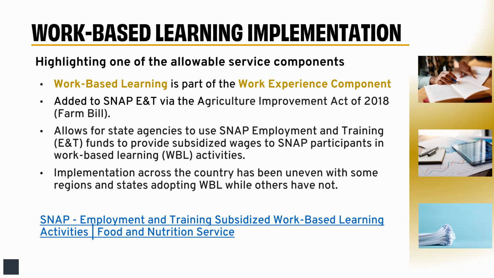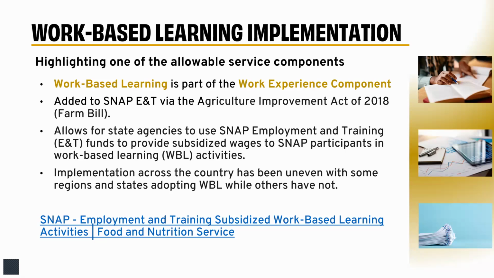What occurred with the Farm Bill is that Congress allowed work-based learning to become part of the work experience component. What that means is that state agencies were allowed to use SNAP E&T employment and training funds to provide subsidized wages to SNAP participants in work-based learning activities.